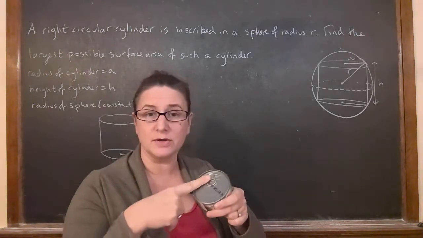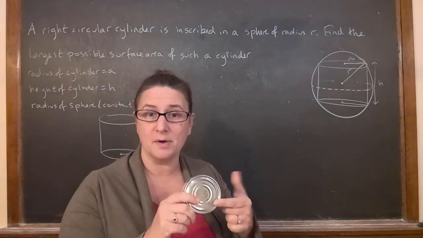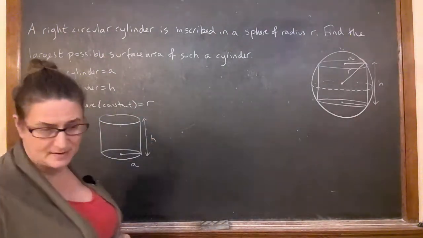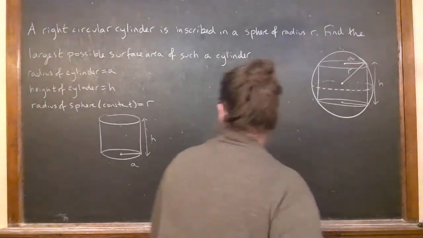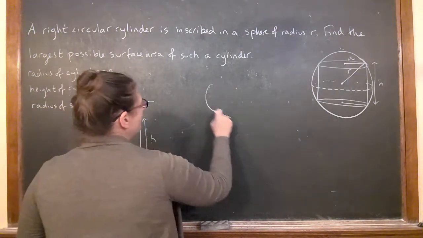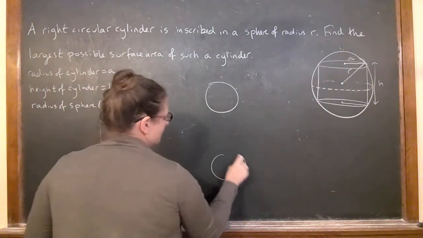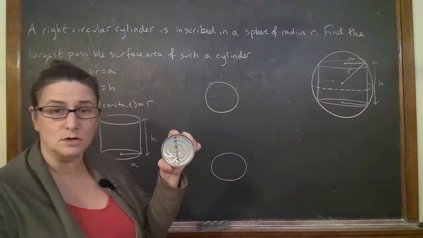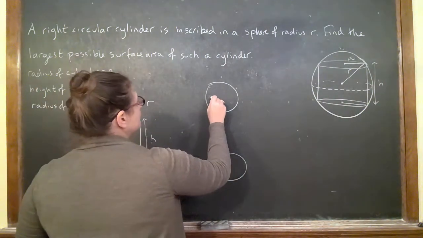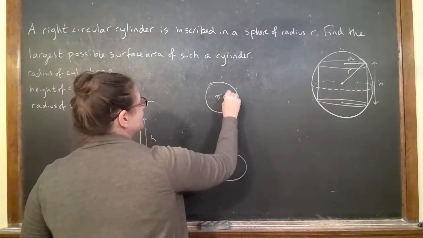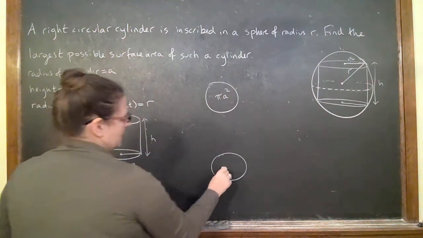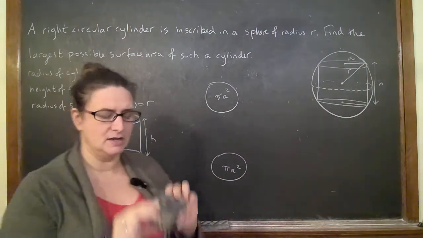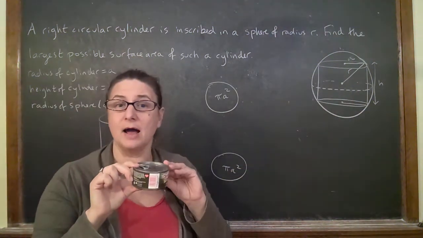So what we can do is pop off the top and pop off the bottom, and then we'll just have the sides, because we're trying to think about the area of all of those things. Each of the top and bottom is, of course, a circle, so its area is pi a squared because the radius is a. And then what's left is the can around.